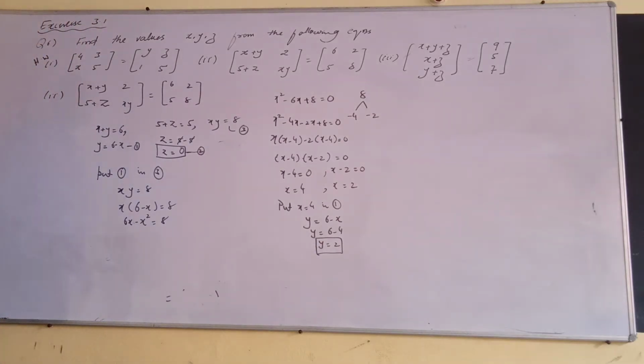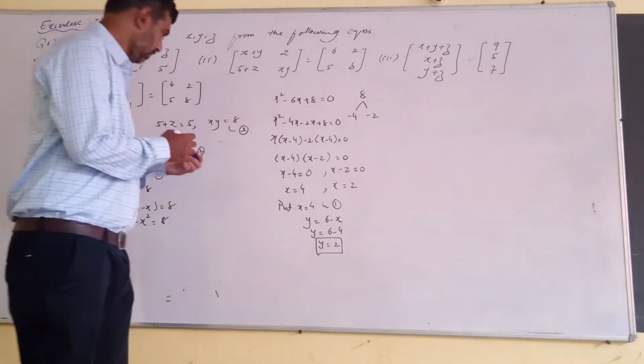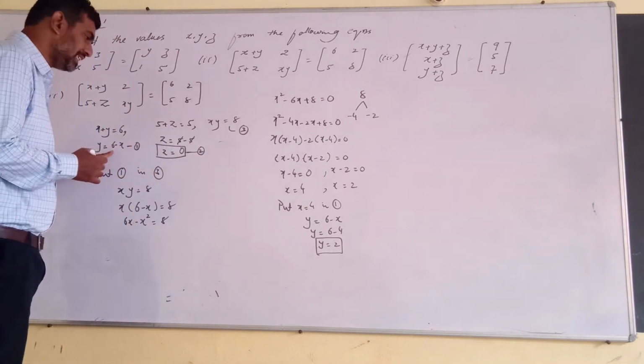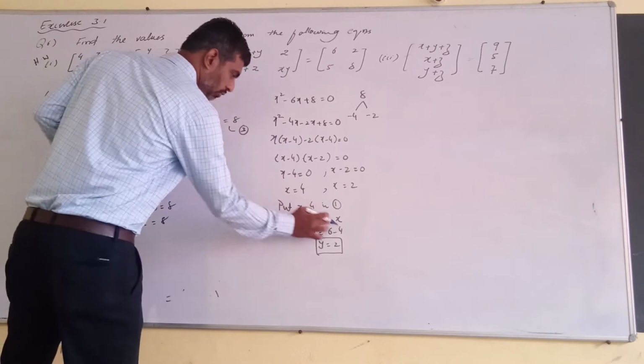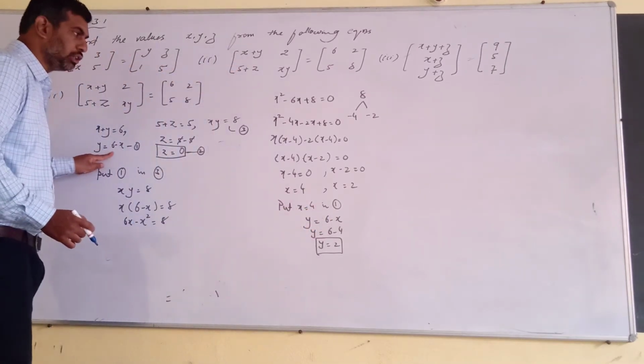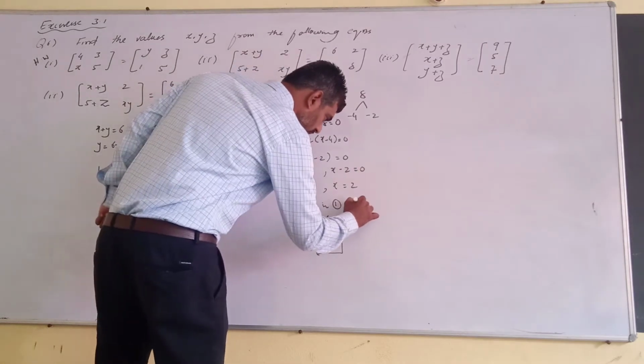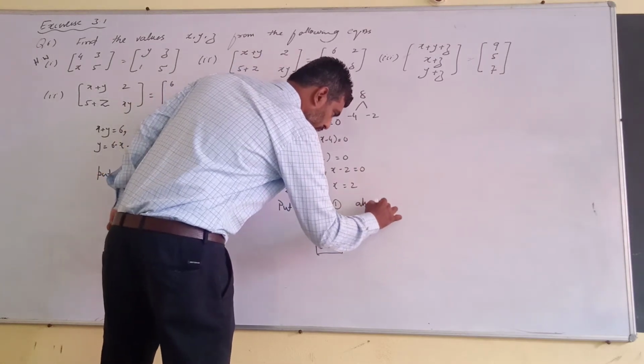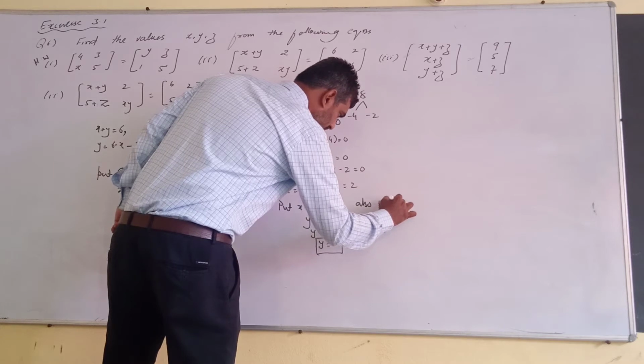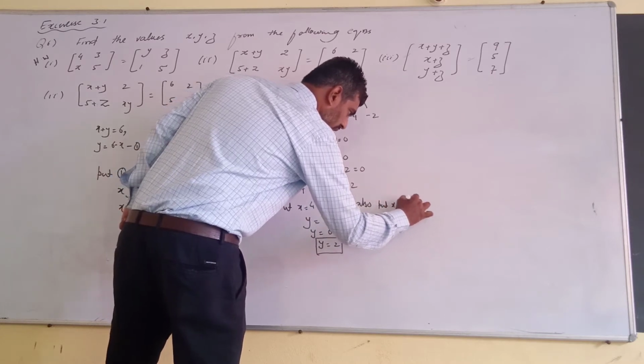Now, if you observe here, 6 minus 4, the y value we got as 2. Also, put x equal to 2 in equation 1.